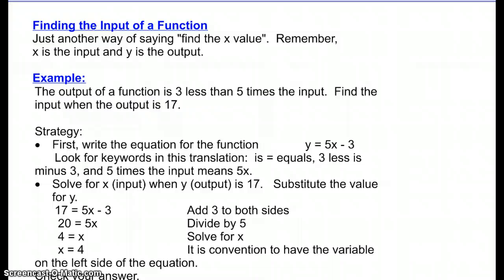We add 3 to both sides, and we get 20 equals 5x. But we want x by itself, so we're going to divide both sides by 5 to get 4 equals x. I rewrote that to read x equals 4. It's just convention to have the variable on the left-hand side. And then you can check your answer.